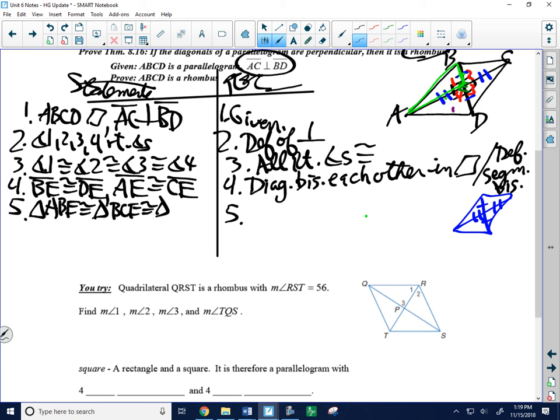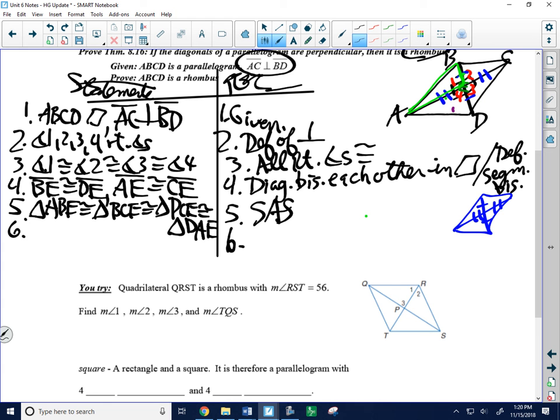Next triangle, DCE, congruent to triangle DAE. So I just put them all where the last point was E. They're all congruent because they have two sides and the included right angle. So that is SAS.